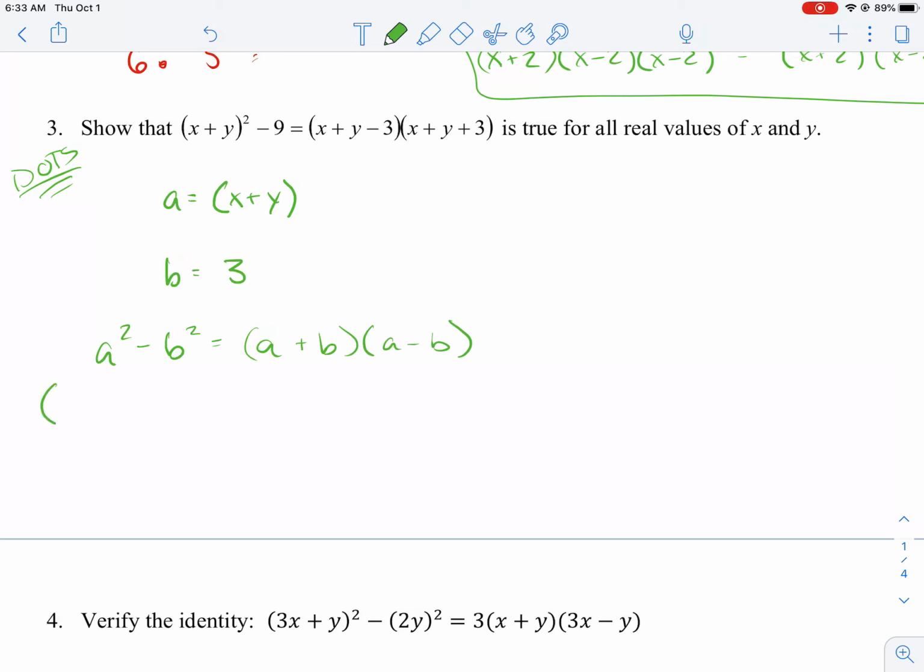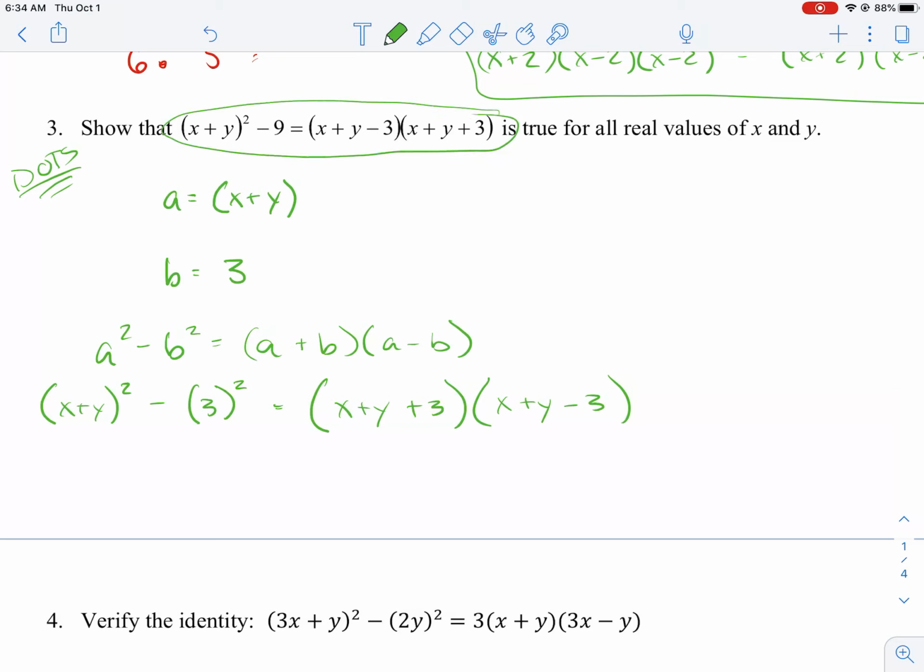So in this case I have x plus y squared minus, I'm going to change this to 3 squared, right? Because 3 squared is just 9. And I'm just going to fill in x plus y plus 3, x plus y minus 3. Okay, and now we have just shown that these two things are the same.